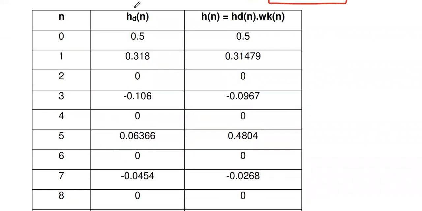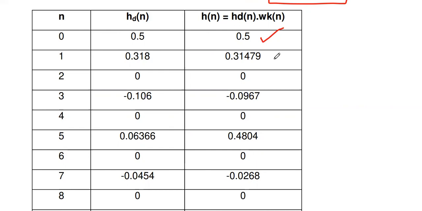HD of n is this, and you multiply it by WK of n to get H of n. So H of n is HD of n multiplied with WK. Here you make another column, write the WK value, and multiply. We get H of n is 0.5 when n is equal to 0.